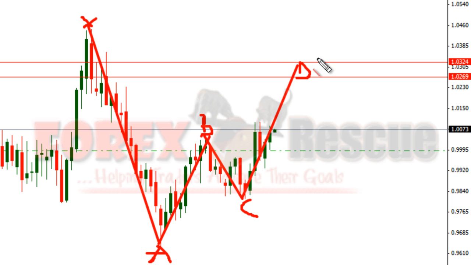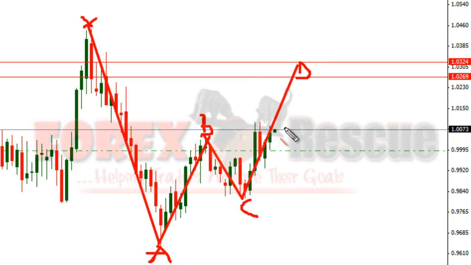So we'll be looking for a potential reversal zone here. We'll be looking for a price action pattern formation, a pin bar, an outside bar, an inside bar, a piercing pattern, evening star, and so on and so forth. We'll be looking for price action pattern around this place in order to go short.